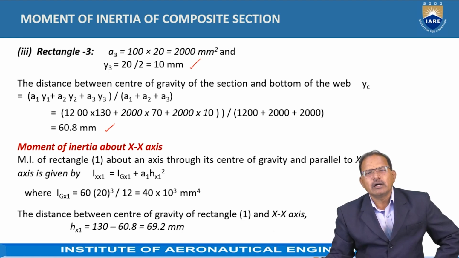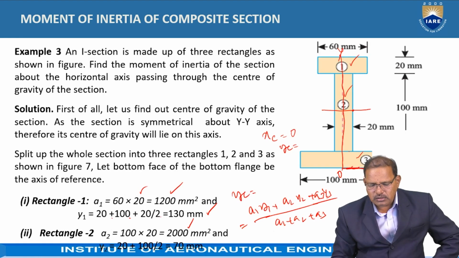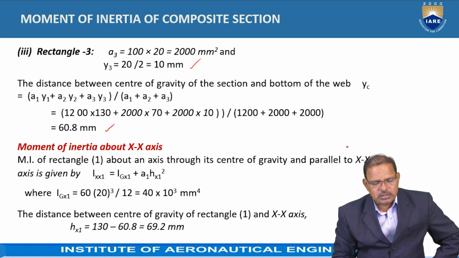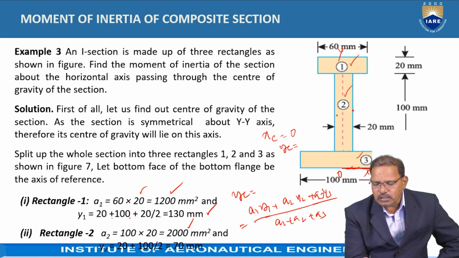Now the moment of inertia of rectangle 1. The centroid G of the composite section lies at a distance of 60.8 mm from the bottom.